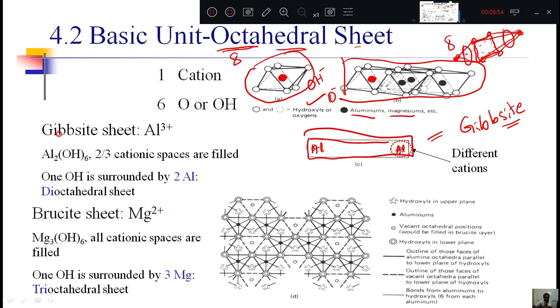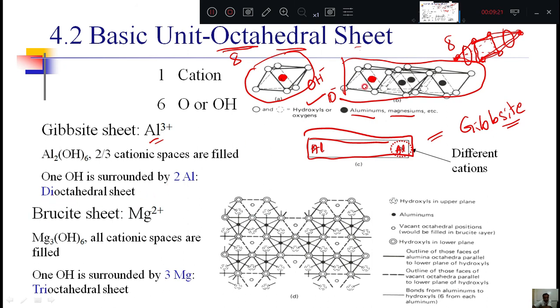Okay, here it is given that the gibbsite sheet is Al3 plus, Al2 OH6, where 2/3 of the cationic spaces are filled. Okay, that you can see here. Next, one OH is surrounded by 2 Al, and it is a dioctahedral sheet.